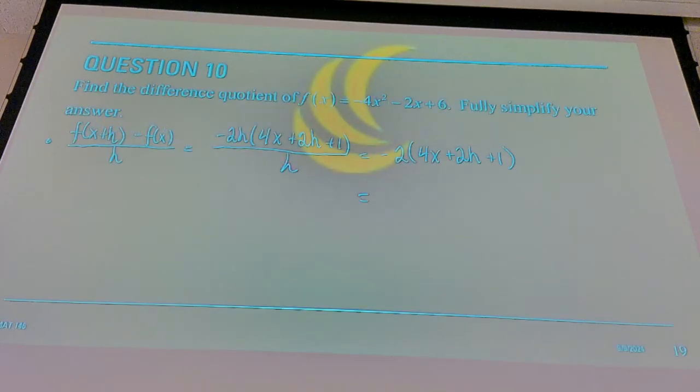You could, and I probably would, skip that step 4 and just divide out the h by 12, because for calc, this is going to be the easier form.